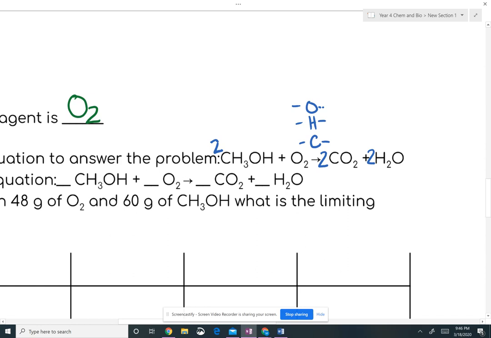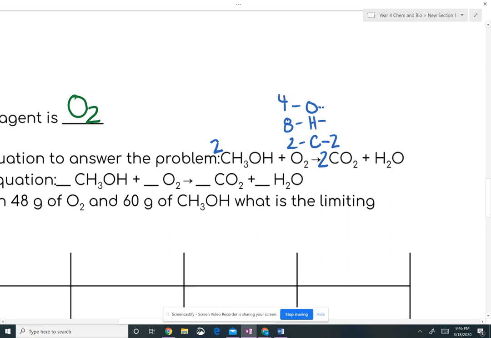So I have 2 carbons on both sides. I have 6, 7, 8 hydrogens. And right now I have 4, so this number is going to change. And then I have 2, 3, 4 oxygens, right?